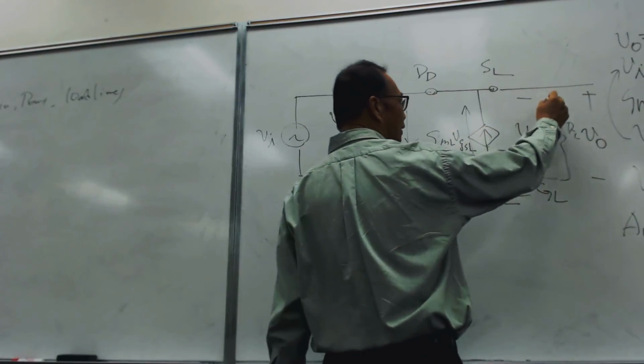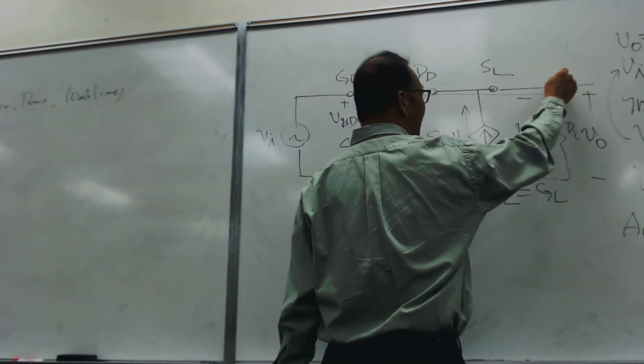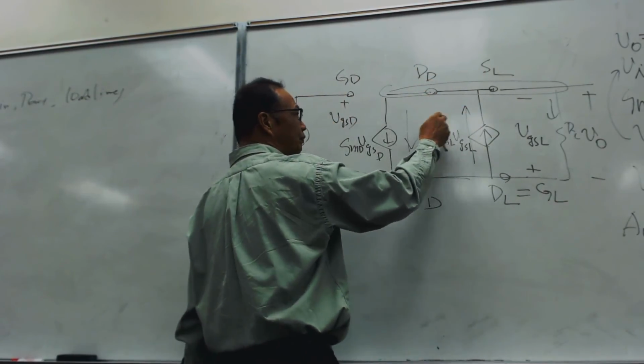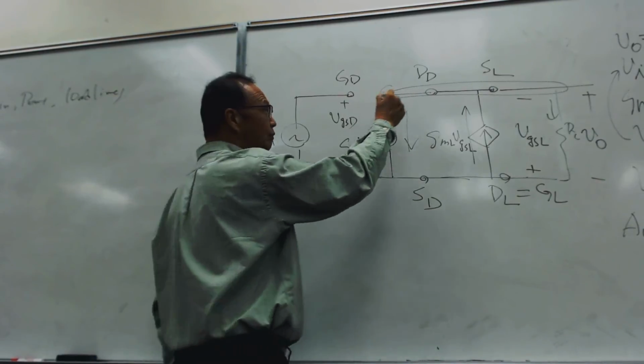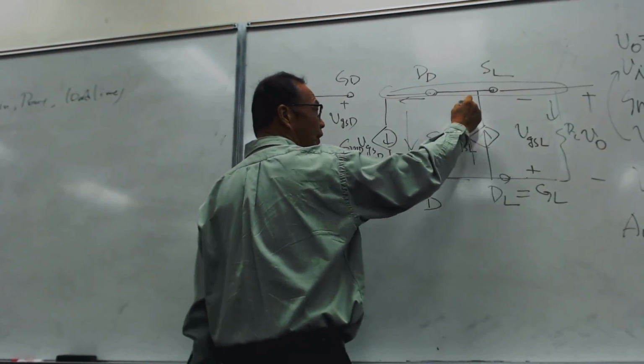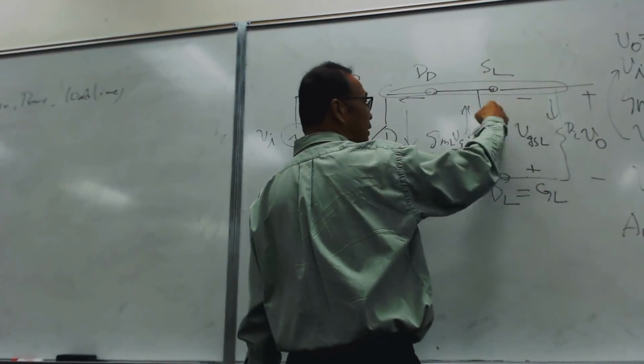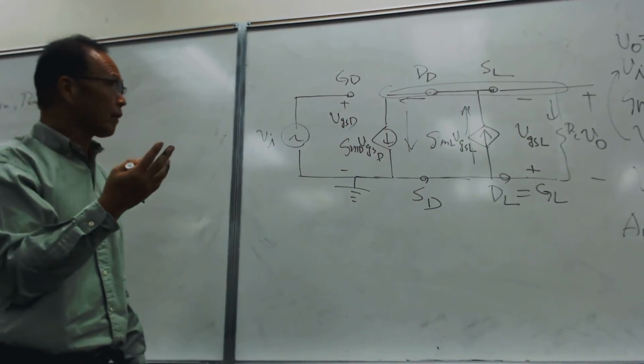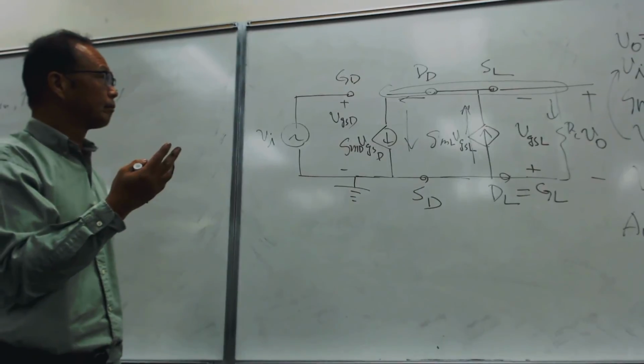The current is known, right? So this current is the difference of these two currents, correct? You have a current here, you have a current here, so this current is the difference of these two.